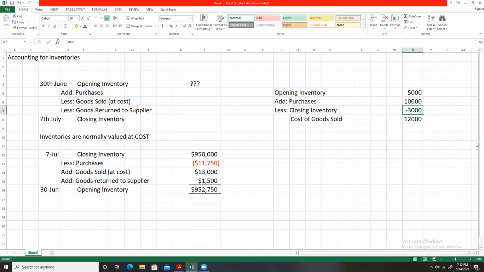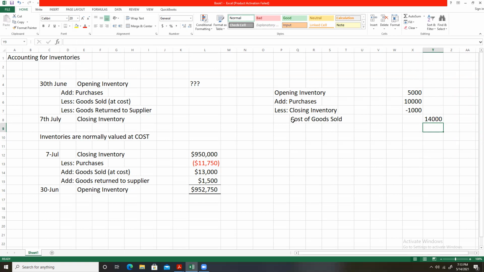Now if I reduce this amount, let's say from 3,000 to 1,000, what will happen? The cost of goods sold will increase. Now we subtract this cost of goods sold from the revenue to get the profit.